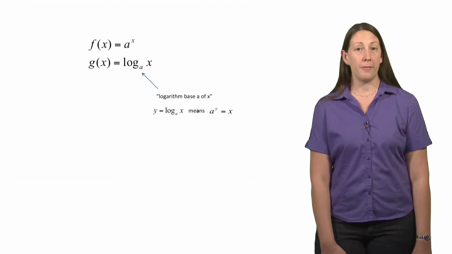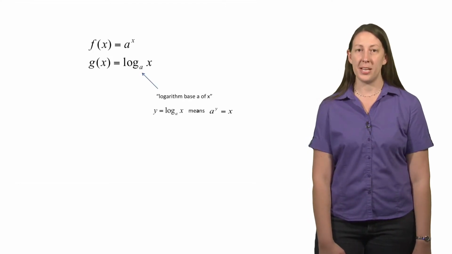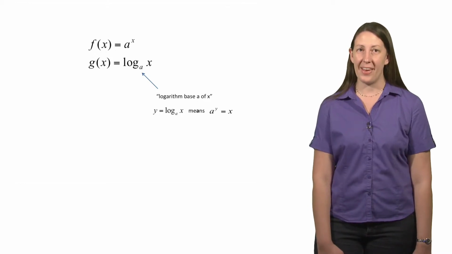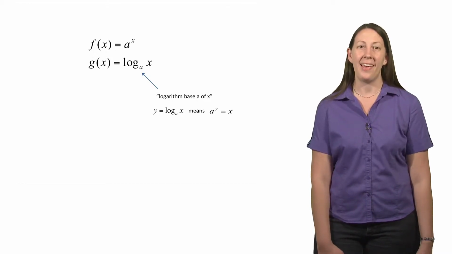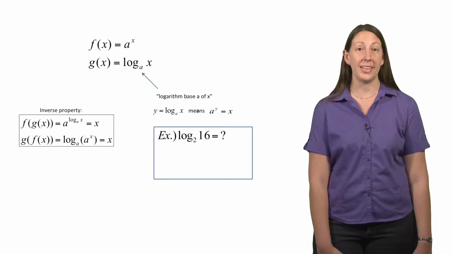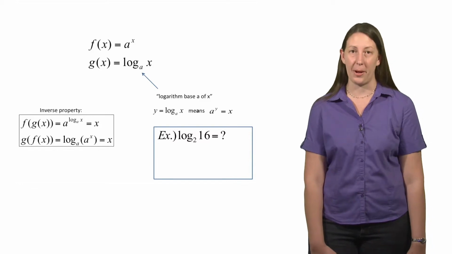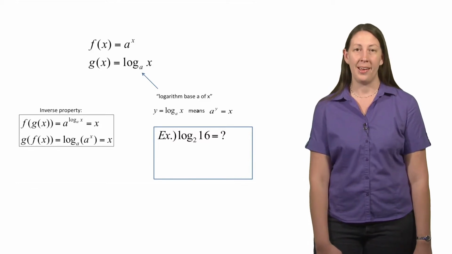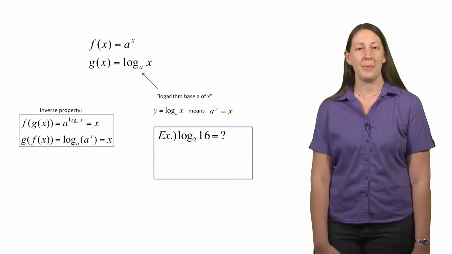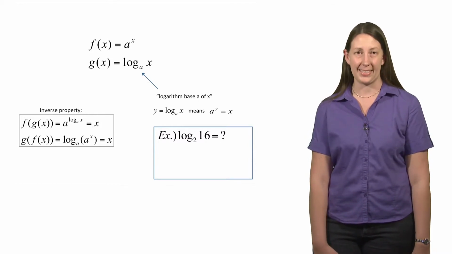We can convert back and forth between the logarithm and the exponential function: if y equals log base a of x, this really just means that a to the y power equals x. Once again, these two functions have the inverse property. If I compose them together, f of g of x or g of f of x, the exponential and logarithm undo each other and I'm just left with the x.